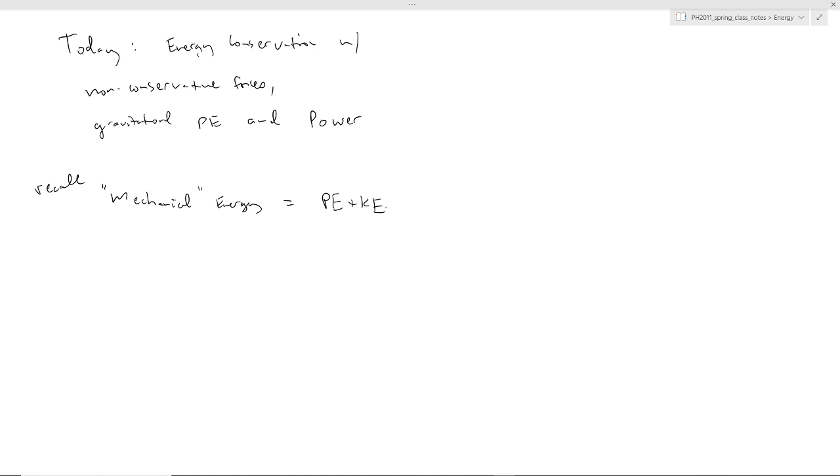Well, energy conservation in general is going to encompass more than just mechanical energy, and so this is basically the next couple sections, 8.5, 8.6. And the idea is quite simple to state. So momentum will be in the next chapter, I think.